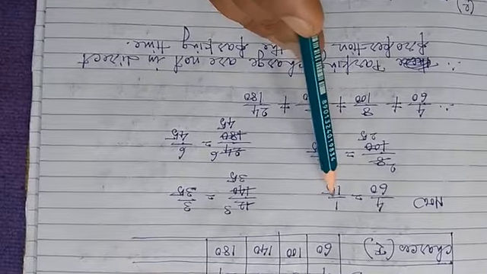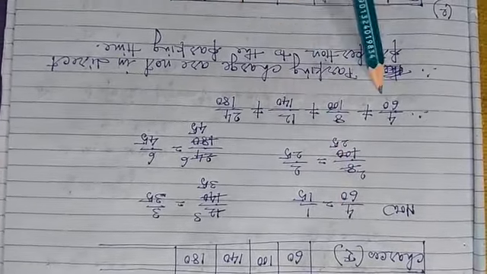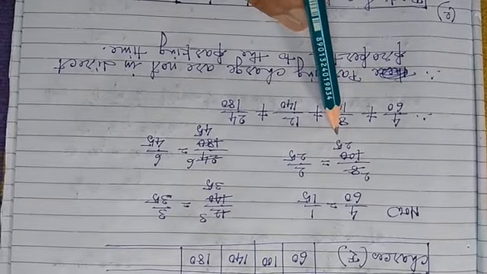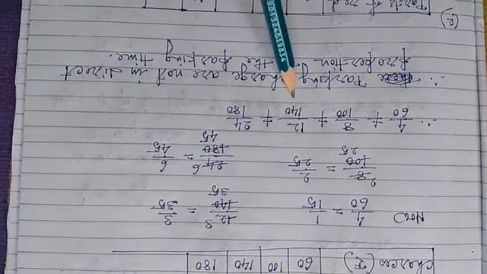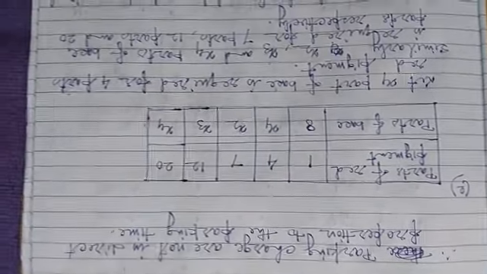So they are not equal. So parking charges are not in direct proportion to the parking time, because these ratios are not equal. Next, question number 2.